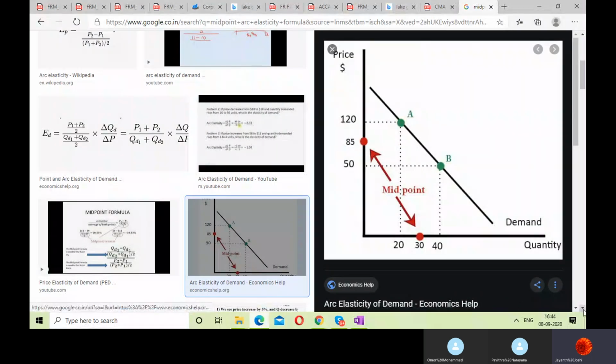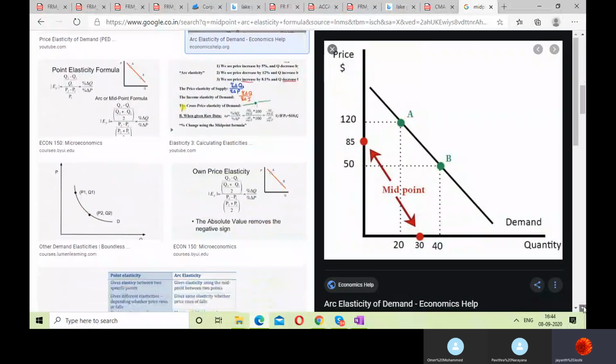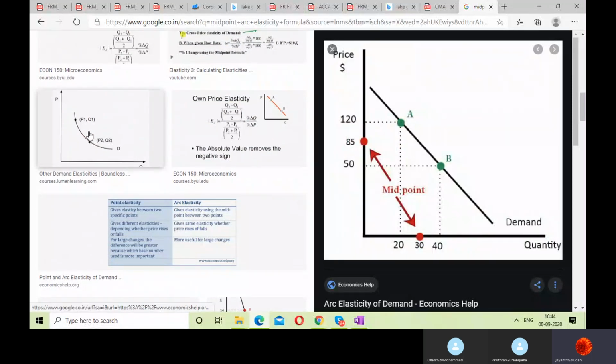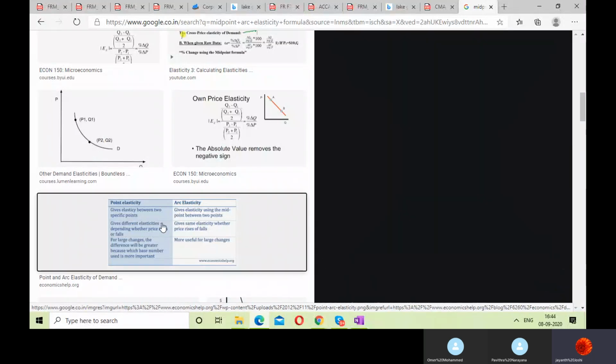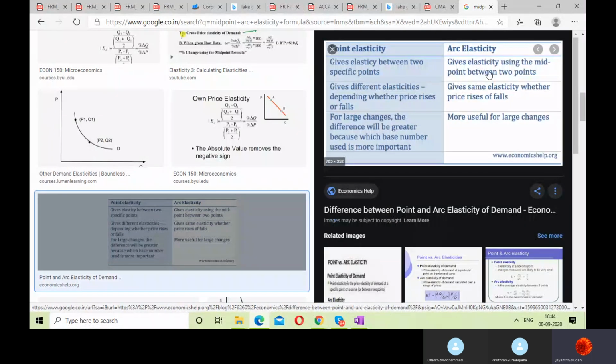Here it is. Point 1, point 2, you are seeing the changes between these two points. Arc elasticity gives elasticity using the midpoint between two points, gives the same elasticity whether price rises or falls, and is more useful for large changes.